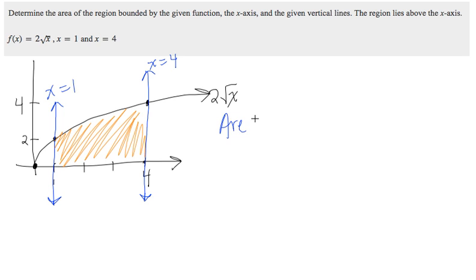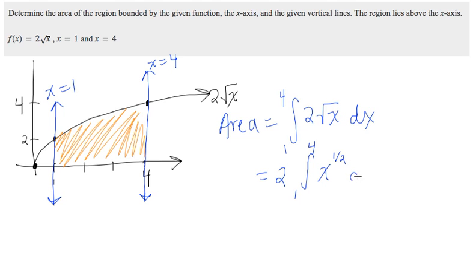So the area, or your setup, is the integral from 1 to 4 of 2 times the square root of x, and then we just put a dx. Okay, to integrate this, I'm going to pull the 2 out front, and then rewrite that square root of x as x to the 1/2 power.